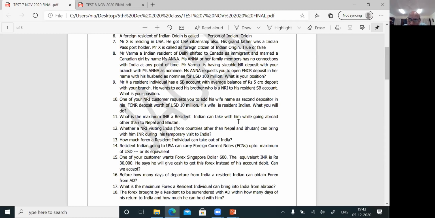Similarly, when he goes out of India, he can carry 25,000 rupees in any denomination. That means both resident and non-resident can take 25,000 Indian rupees when they leave the country, and bring 25,000 rupees when they enter, other than to Nepal and Bhutan. In both cases, the maximum is 25,000 rupees. Okay? Any question asked, you should not miss.